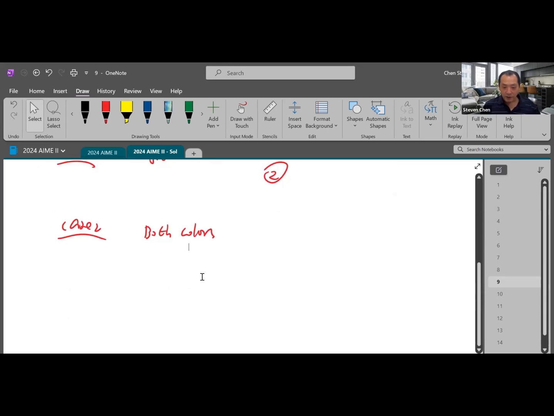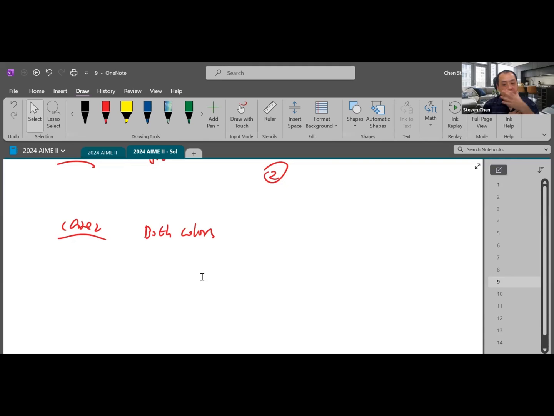So I observed the following fact. First, because we must have at least 1 white chip, think about it: any white chip on the board has two coordinates, an x coordinate and a y coordinate. The x coordinate determines its column, and the y coordinate determines its row. For instance, suppose we have one white chip with coordinates 3 and 2.